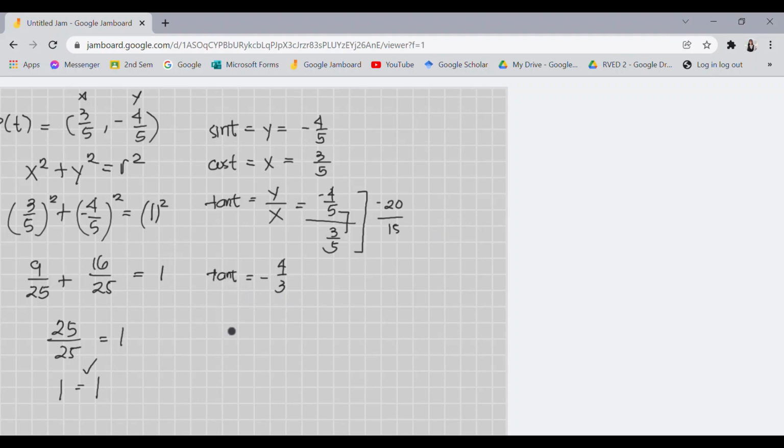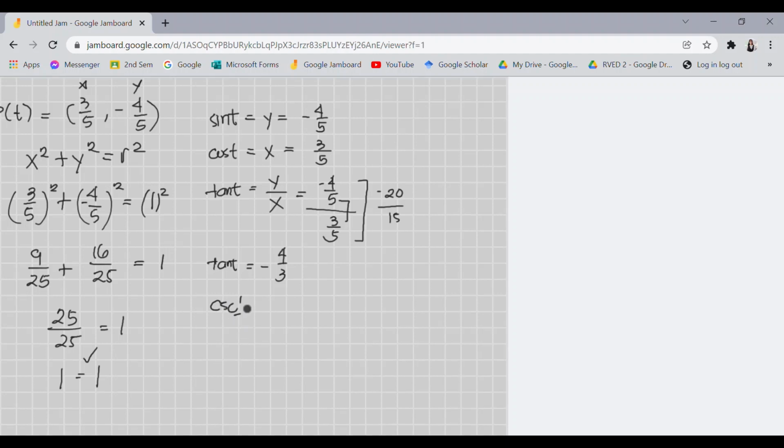And then, cosecant t is the reciprocal of sine t. That is equal to 1 over y. Again, cosecant t is the reciprocal of sine t. So if sine t is negative 4/5, cosecant t is negative 5 over 4. It is the opposite, or reciprocal. Then secant t, on the other hand, is the reciprocal of your cosine t.